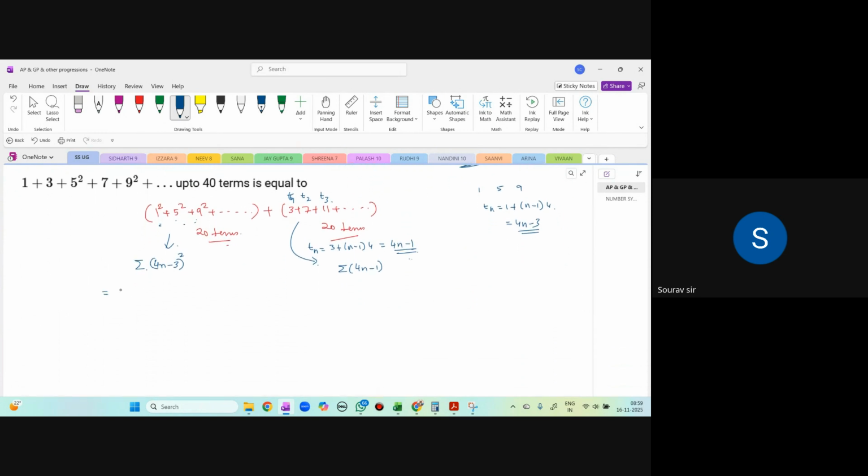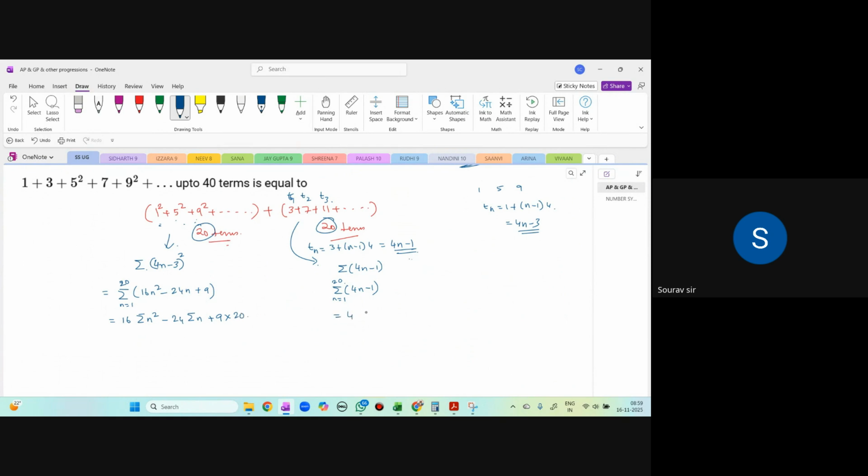Now you break this out. You write this as sum of 16n square minus 24n plus 9, and this is sum of 4n minus 1. And both have 20 terms. So n would be 1 to 20. So this is 16 into sum of n square minus 24 into sum of n plus 9 into 20, because n goes from 1 to 20. Here also n goes from 1 to 20. So 9 into 20.